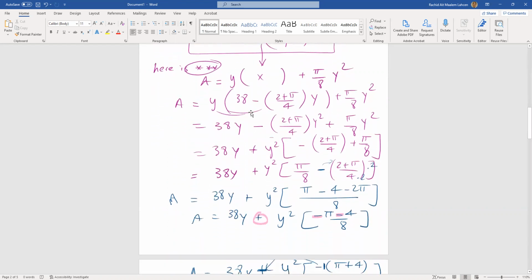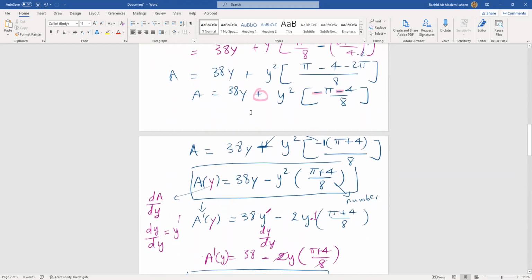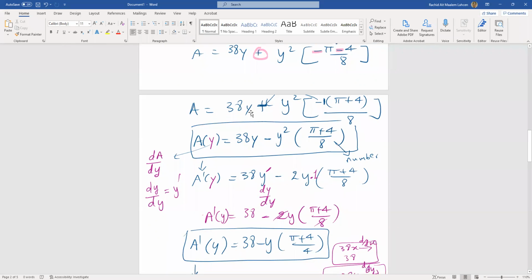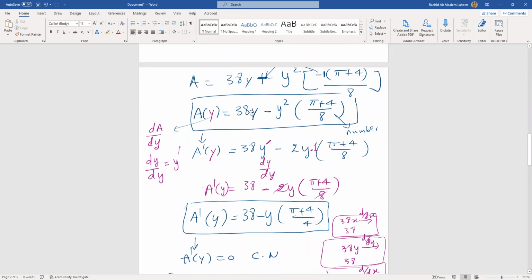And just to simplify until I came up with this area as a function of y. And because it's a function of y, when we differentiate with respect to y, the chain rule doesn't apply because dy is just 1. Or if you use the chain rule, it will simplify to 1. So y prime is 1.